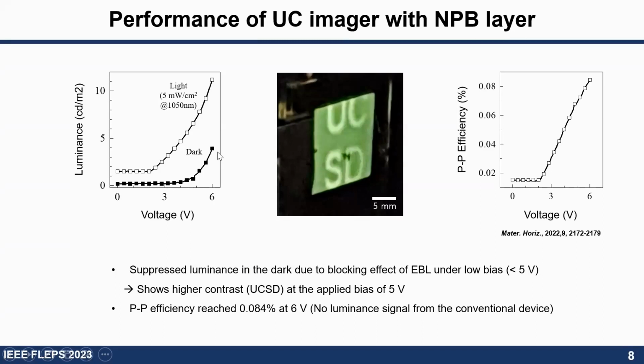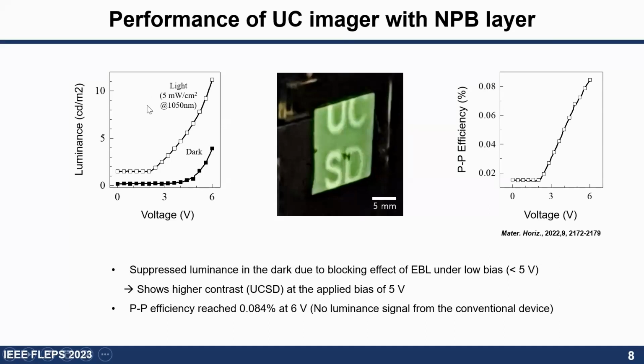The luminance in the dark condition was efficiently suppressed until 5 volt, but the luminance under light intensity of 5 milliwatt per square centimeter was highly enhanced by the light. Also, this plot shows a higher contrast between light and dark.